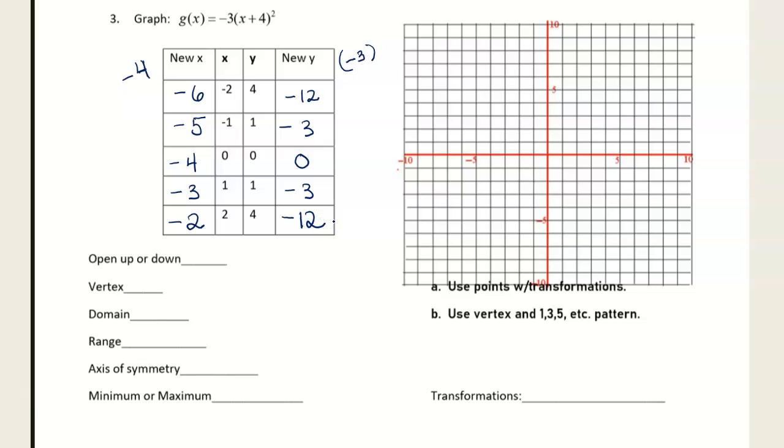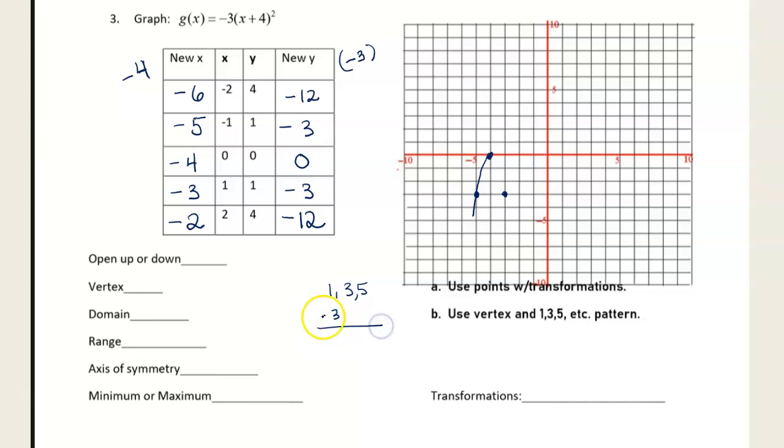So let's plot. Obviously, the -6, -12 isn't going to fit. So let's start at -5, -3. And then -4, 0. That's our vertex. -3, -3. So if we follow our pattern, we had 1, 3, 5, but we had that a of -3.